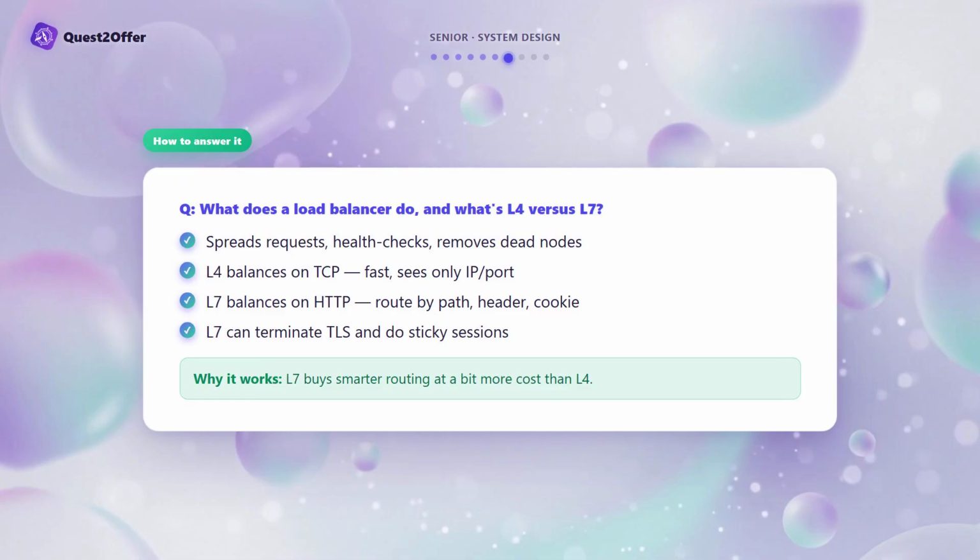That's how horizontal scaling actually works. Layer 4 balances on TCP. Fast, but it only sees IPs and ports. Layer 7 balances on the HTTP request, so it can route by path, header, or cookie, terminate TLS, and do sticky sessions at a bit more cost. Common algorithms: round robin and least connections.